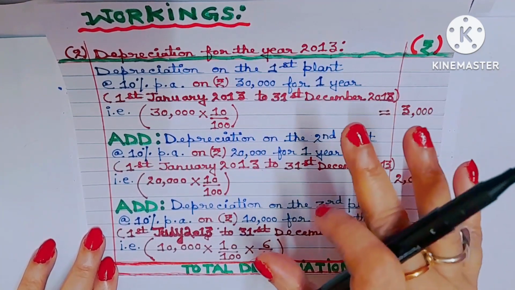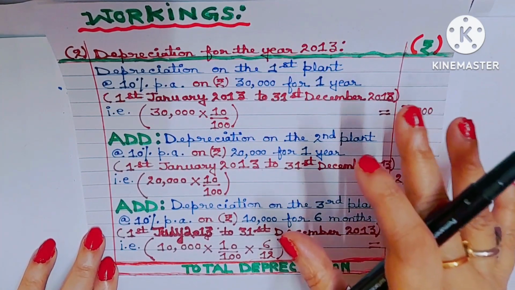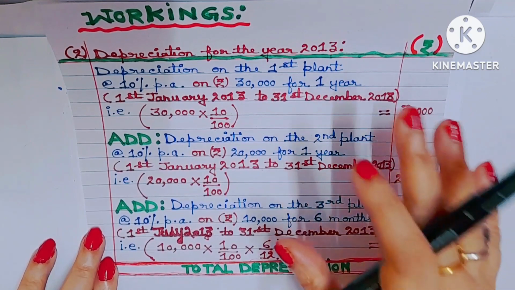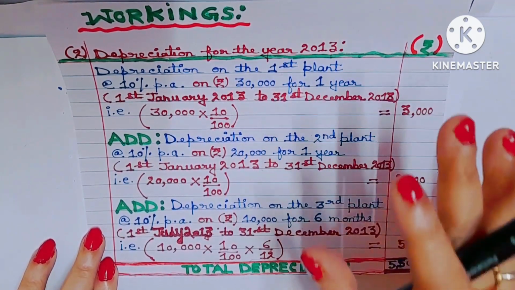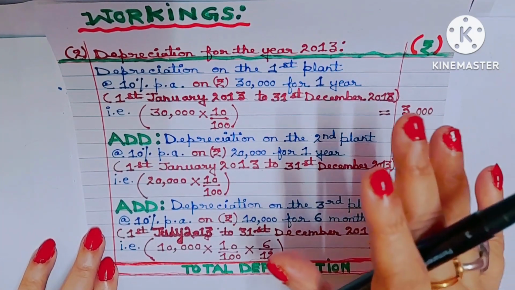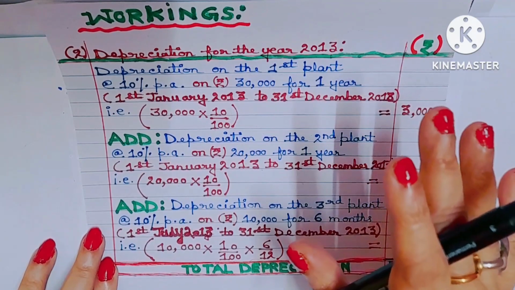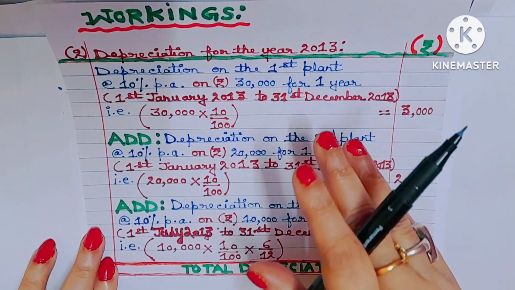So from 1st April to 31st December 2012, 9 months. So that is the reason we charge depreciation on the first plant at the rate of 10% per annum for 9 months and not for 1 year. Understood? Because before 1st April 2012, the plant was not in the business. But in the year 2013, the plant is in the business.